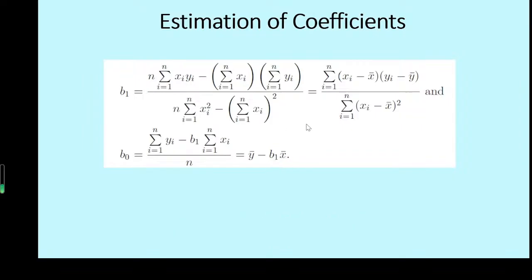And b1 is the sigma of the cross product of xi and yi with respect to their corresponding means, divided by the sum of squares of the xi with respect to the corresponding x bar value.